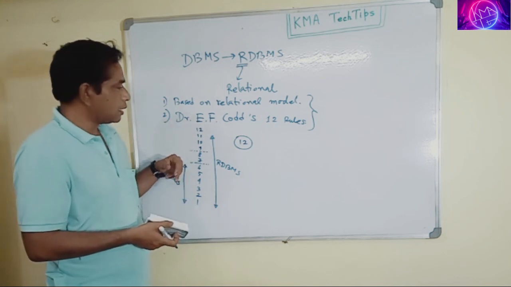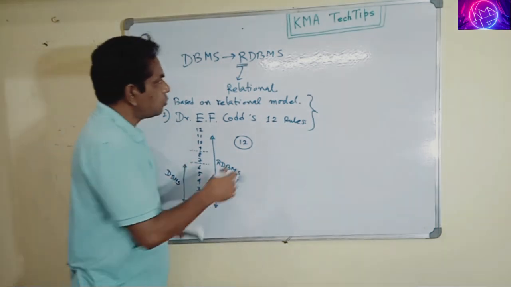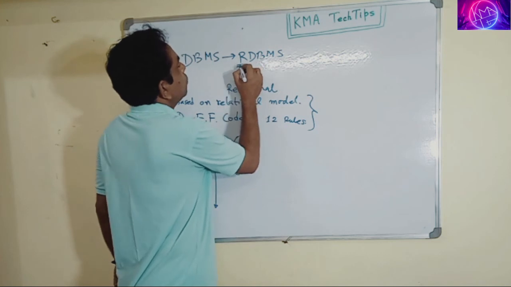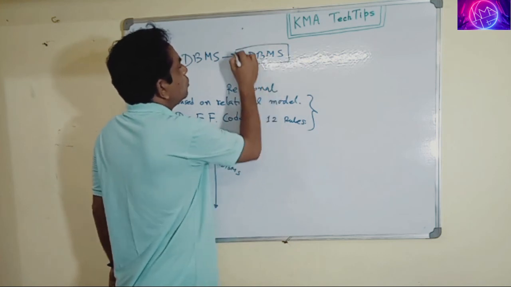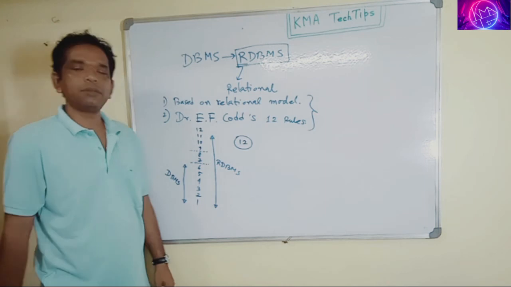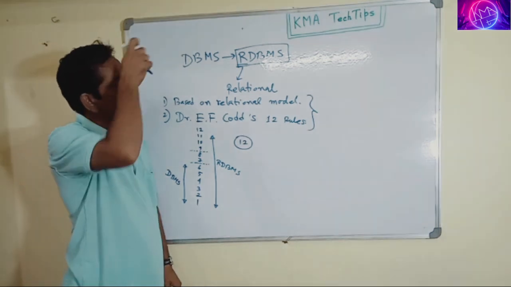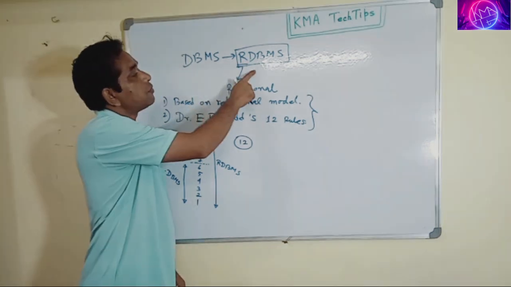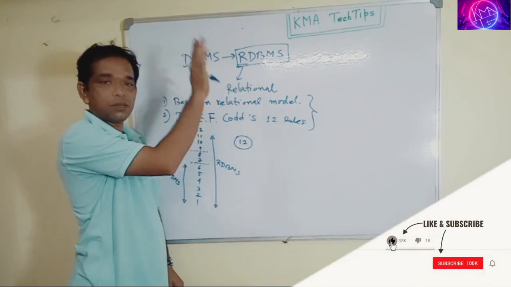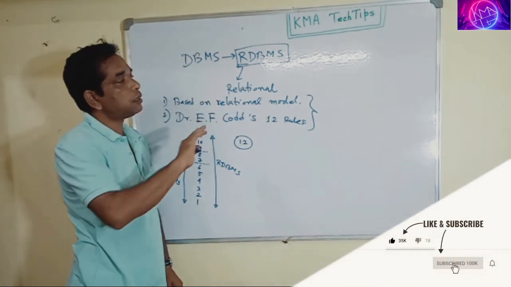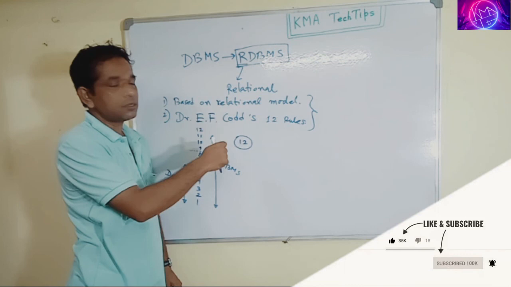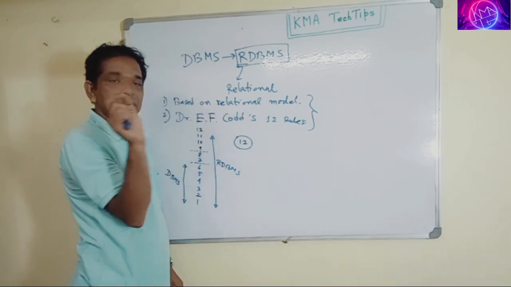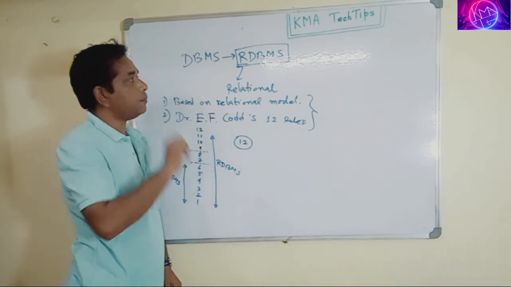Now, why have we moved to RDBMS from DBMS? It's obvious that RDBMS is much better. We will see it in much more detail in later classes, but let us try to understand it briefly.